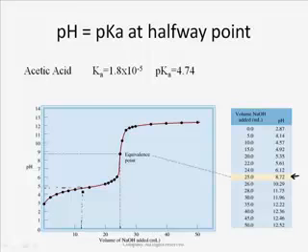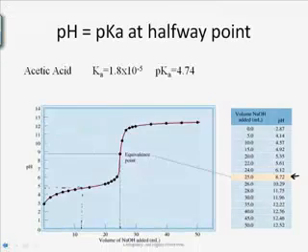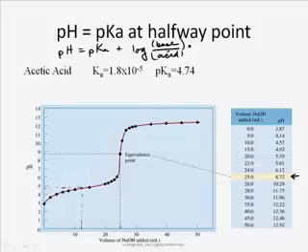So why does that happen? Let me go back. Remember the Henderson-Hasselbalch equation. As we are titrating our acid, initially we have all acid, no base.